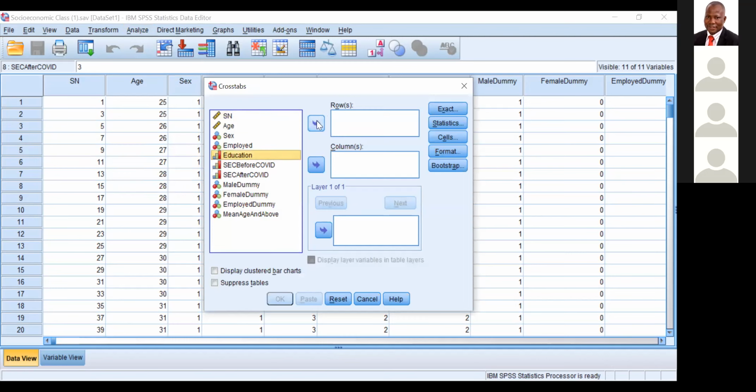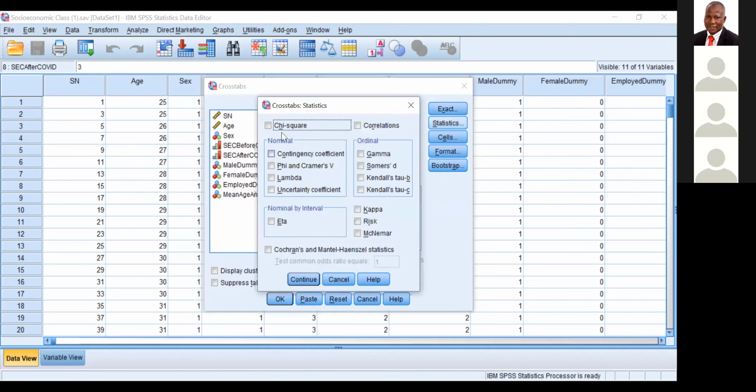You move it to the row. Your outcome is employed, yes or no? Go to statistics and click on chi-square, because if you don't click on chi-square, it will not do it for you. Chi-square. Yes. Continue.